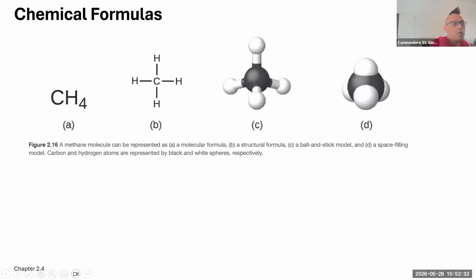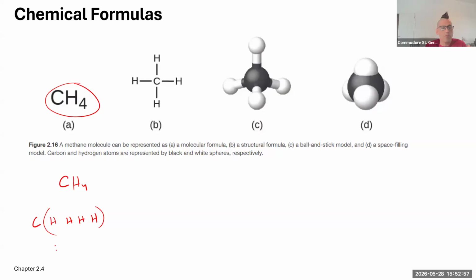Chemical formulas. We've been seeing these. This is a typical chemical formula here, CH4. This is methane. This is carbon attached to four hydrogens. There's one carbon, and there's four hydrogens. That's what that four means. Those four hydrogens are connected to that carbon somehow, and through Lewis structures, we figured out those are covalent bonds.